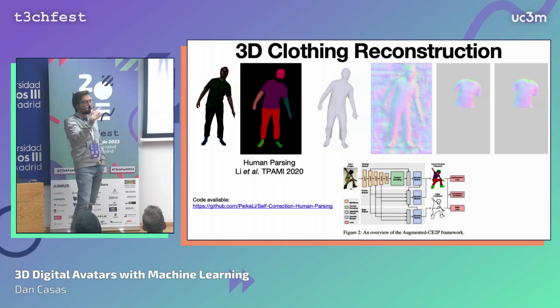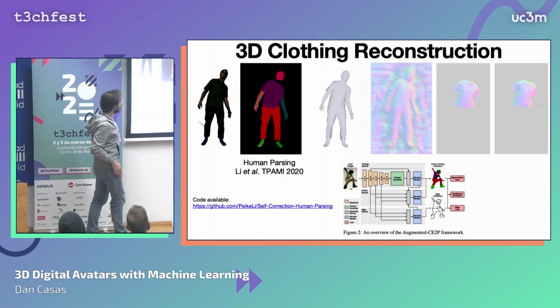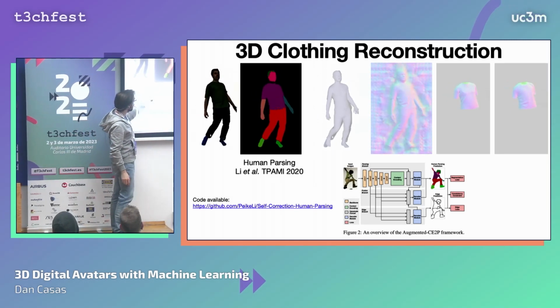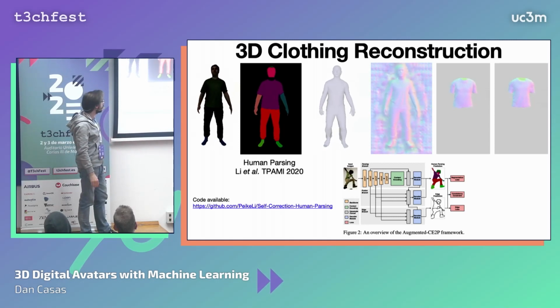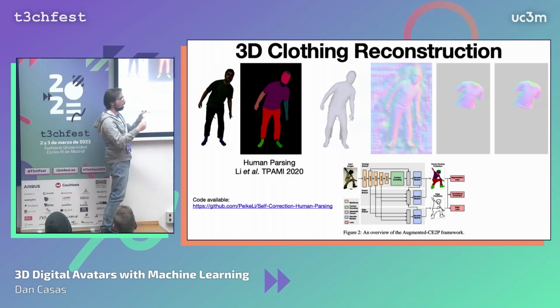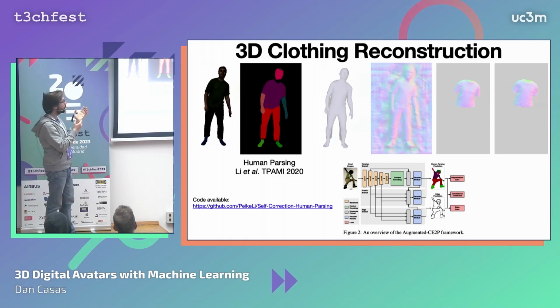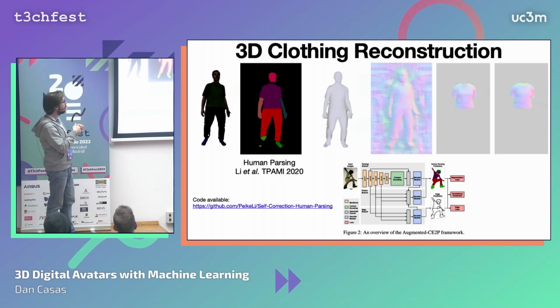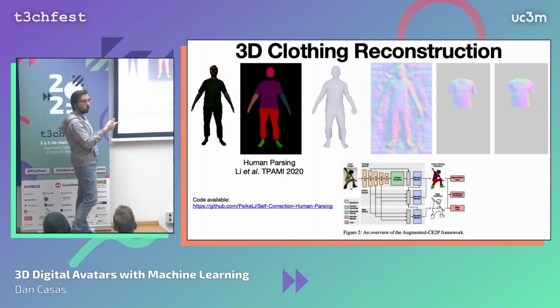And again, each of the steps is using machine learning. So one first step that you can use is one of these human parsing, or sometimes called human segmentation or image segmentation methods. Those are neural networks that, given an image, predict a label for each pixel, right? So there are people who have trained these neural networks to predict a label that is associated with the type of apparel or garment that the person wears.